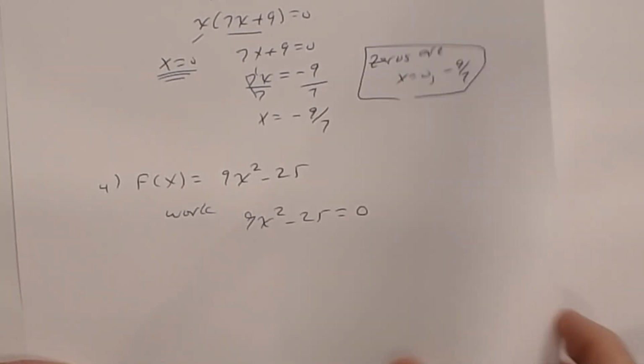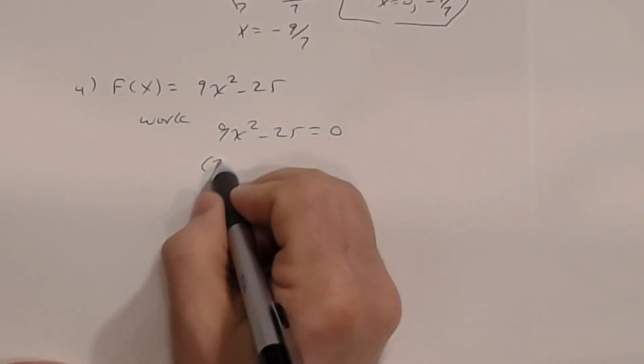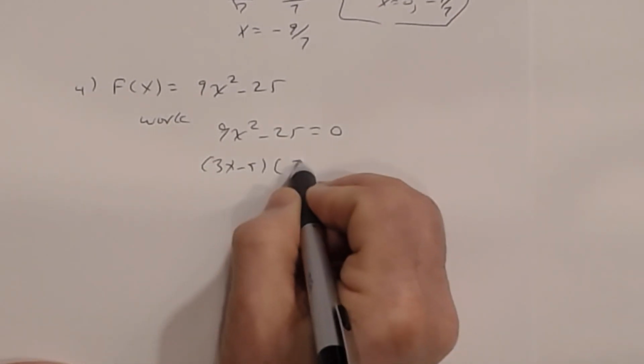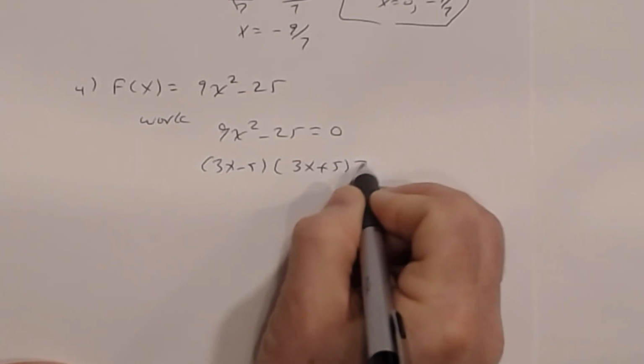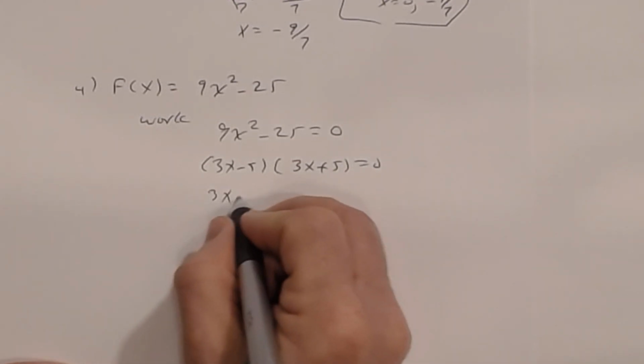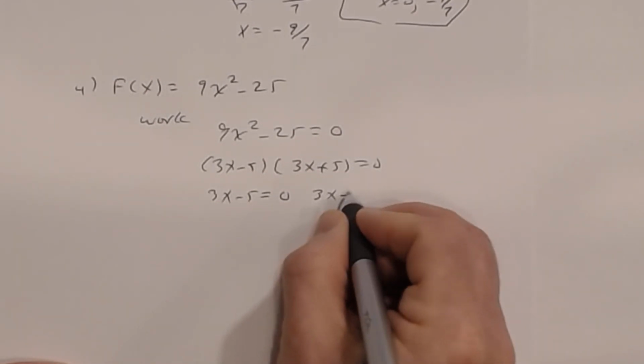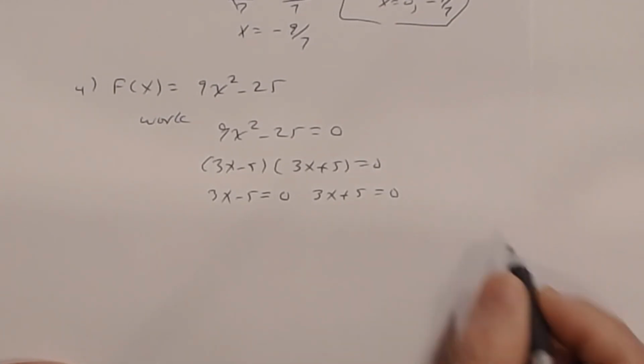So let's go ahead and do it that way. So when I factor this, I'm going to get 3x minus 5 times 3x plus 5 equals 0.